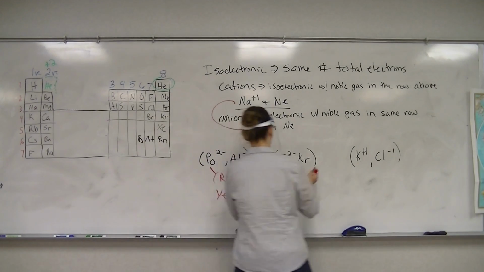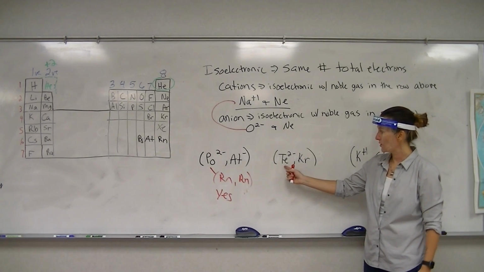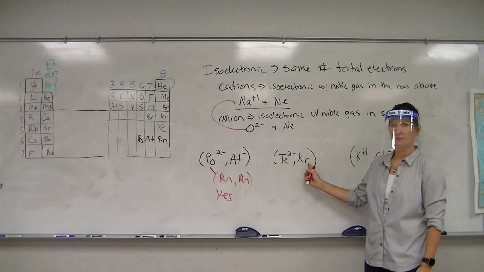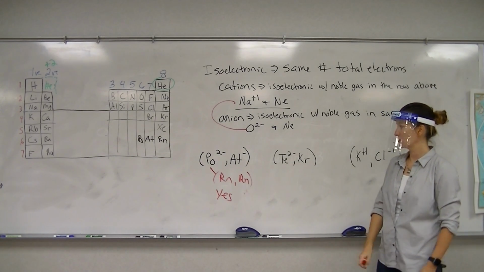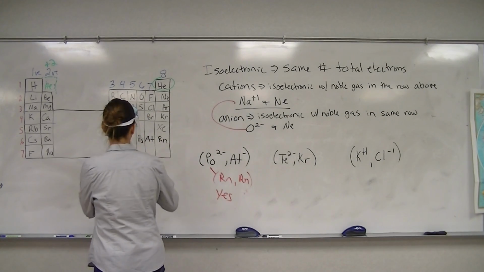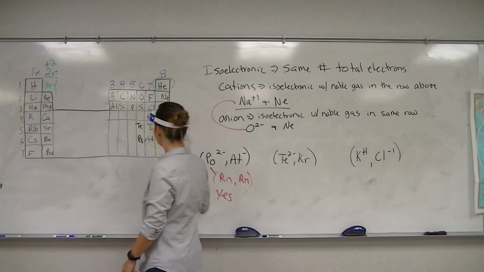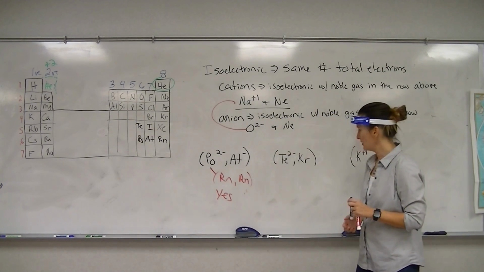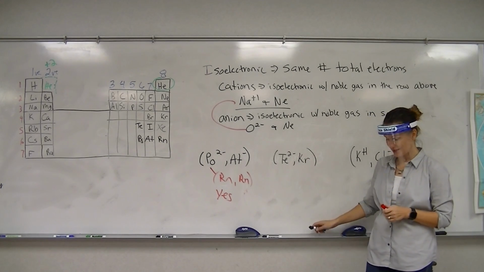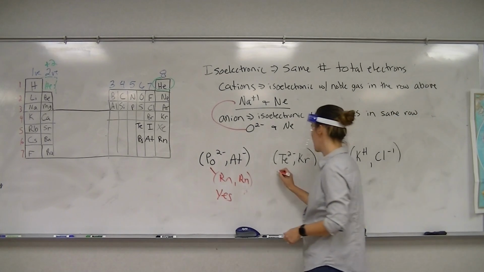The next one is going to be a little easier for us because one of them is a noble gas. So all we have to do is figure out, okay, is beryllium, is it noble gas krypton? So does it have the same electron configuration as krypton? So beryllium is where? Row 5. TE, right here. So when it forms an ion, when it gains 2 electrons to become a -2 charge, what noble gas is it isoelectronic with? Xe, xenon.